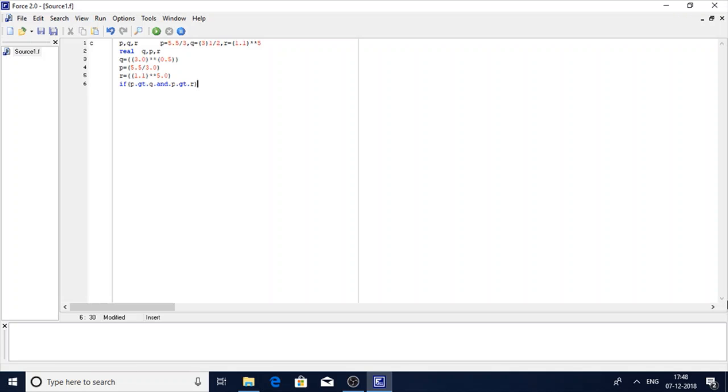Otherwise, if you write the statement in the next line, then you have to put then here. Now I'm writing in the next line, so I'm putting then here. P is largest.